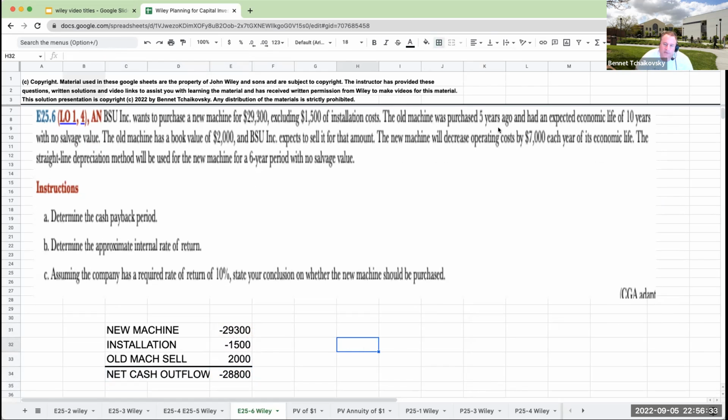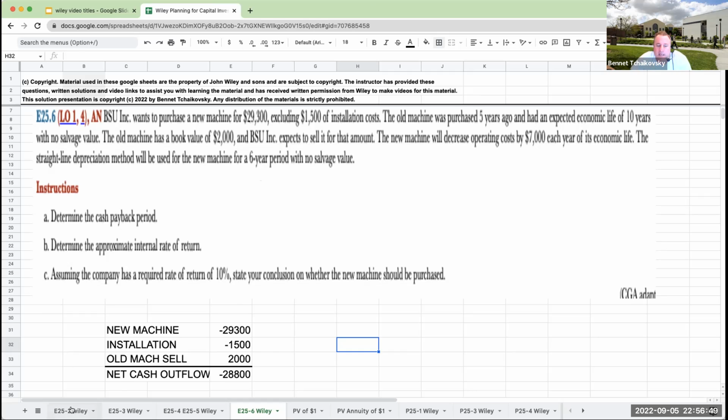Now, what it says here is very important. It's going to decrease operating costs by $7,000 for each year of the next 6 years, and straight line will be used. So the first question is to determine the cash payback period.